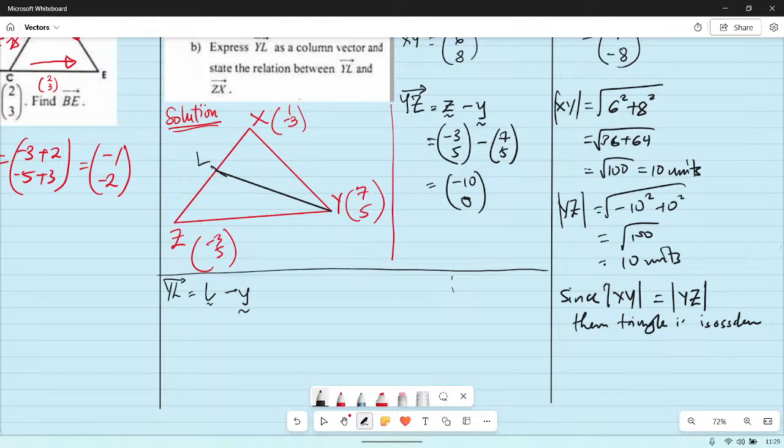Now we know Y, but we don't know L. But we know that L is a midpoint of what? XZ. L is XZ over 2.